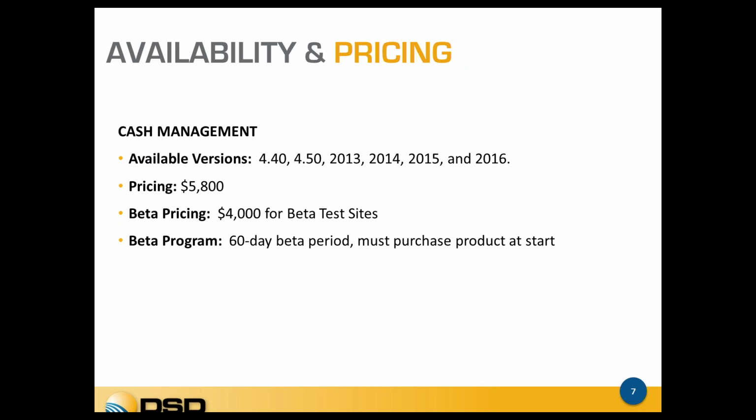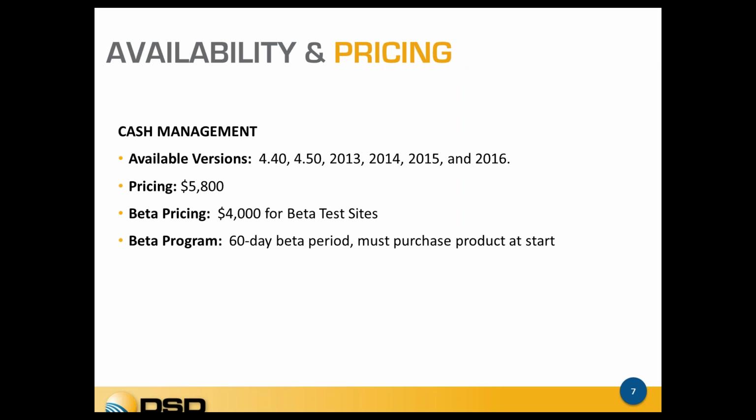The terms of the beta test sites: the user must purchase the product first, and you get that at the beta price. The user has 60 days to return the product for a full refund. The user will install, configure, and test the software over that 60-day period and report back to DSD any defects or issues with the product.